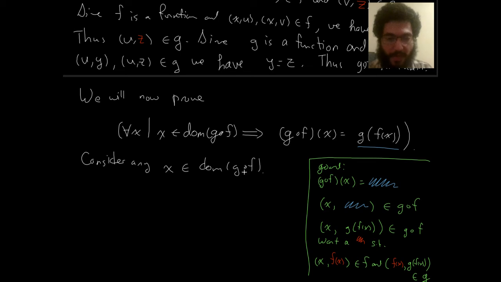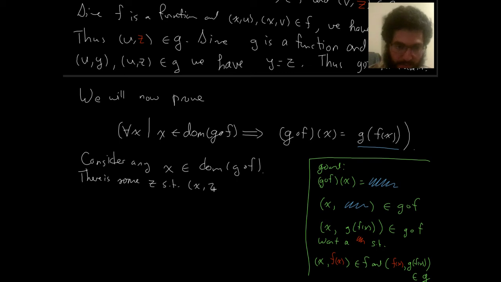So let's go ahead and unpack this. Sorry, x is in the domain of this thing, right? So there is some, let's call it z, such that x comma z, the pair, is in there. That's from the definition of domain, the existential instantiation that it allows us to do. Actually, usually the language we use is we can get z such that this is true, right?